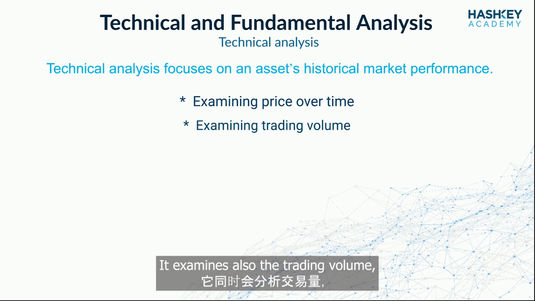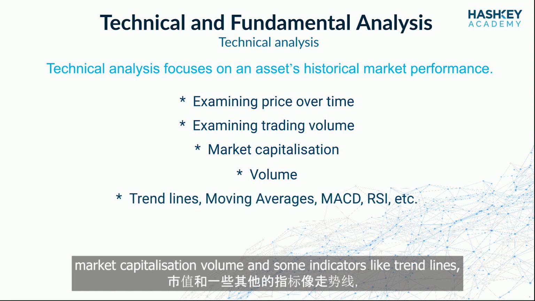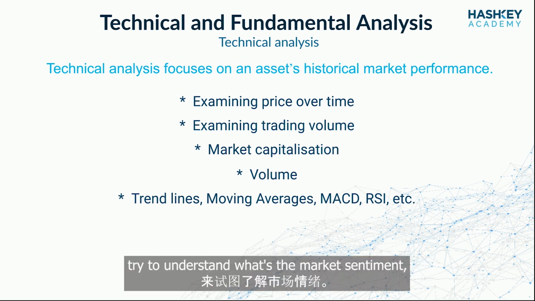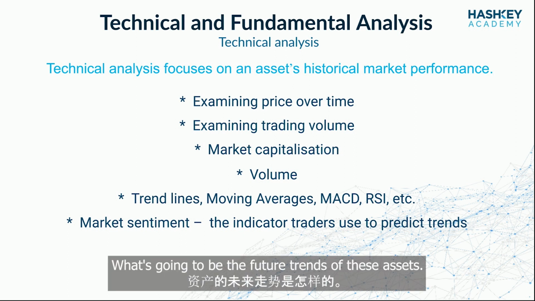It also examines trading volume, market capitalization, and indicators like trend lines, moving averages, MACD, RSI, and many others to try to understand the market sentiment and what the future trends of these assets will be.